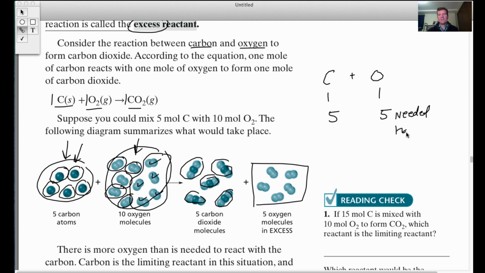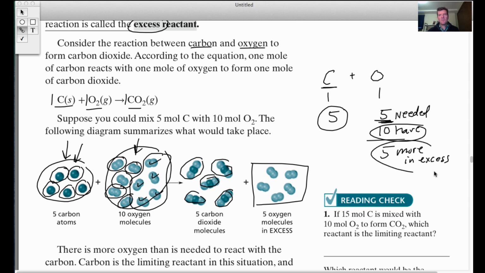What do you have? You have 10. You've got 5 more than needed. 5 more in excess. Okay? So you have to compare: take what you're given here for carbon and determine what you need from oxygen, and then look and see what you have for oxygen and compare. Do I have more than I need or less than I need? In this case, we had more than we need. Okay? More than we need.